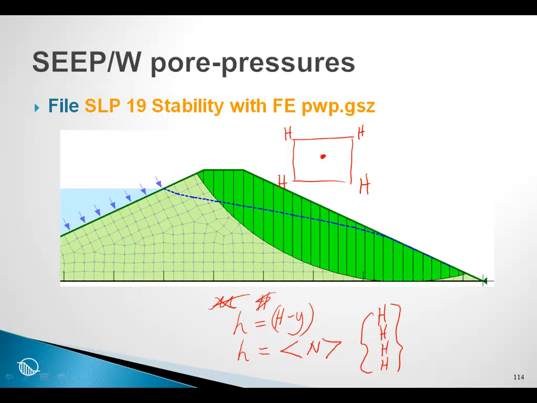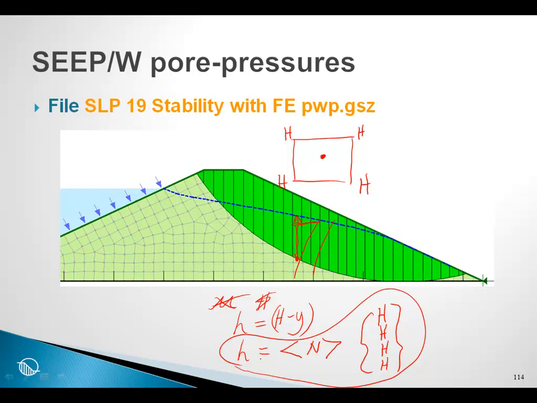It would be an approximation to import the piezometric line or the zero pressure contour line into SLOPE/W, because if we did that, we would be using this vertical distance. That's not what we want to do. We want to use the equipotential lines and use the correct pore water pressure, and we can do that by using this equation here to get the pore pressure at the base of the slice.